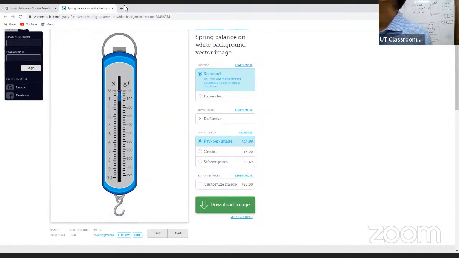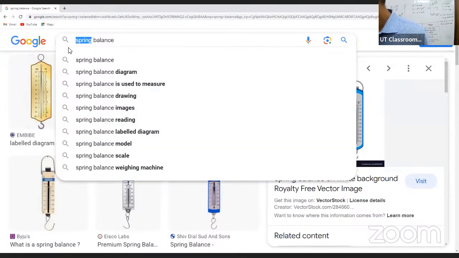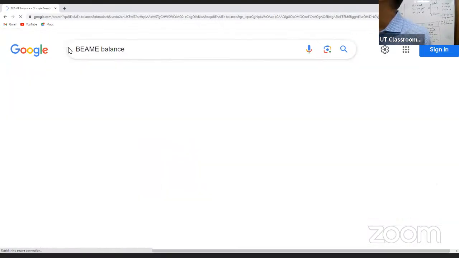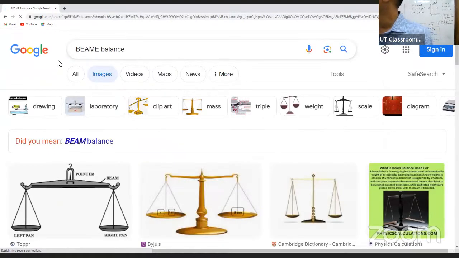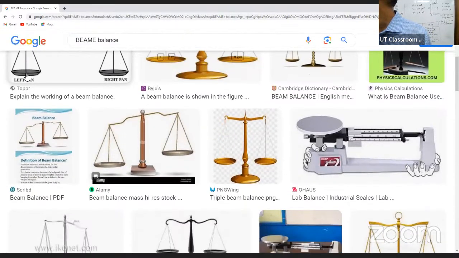Now let's understand what the beam balance is. Do they take you to school laboratories for physics practicals? Yes. We never went for physics.